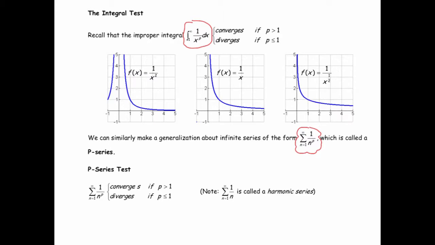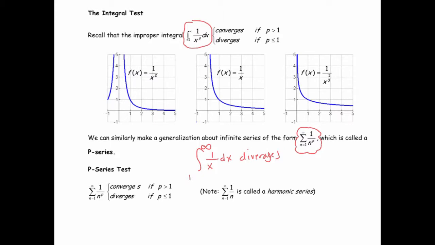So what I mean by that is, we know that, and we'll justify this, this diverges. We can show that directly, because we can take the antiderivative and then evaluate this improper integral, and actually we'll get infinity.